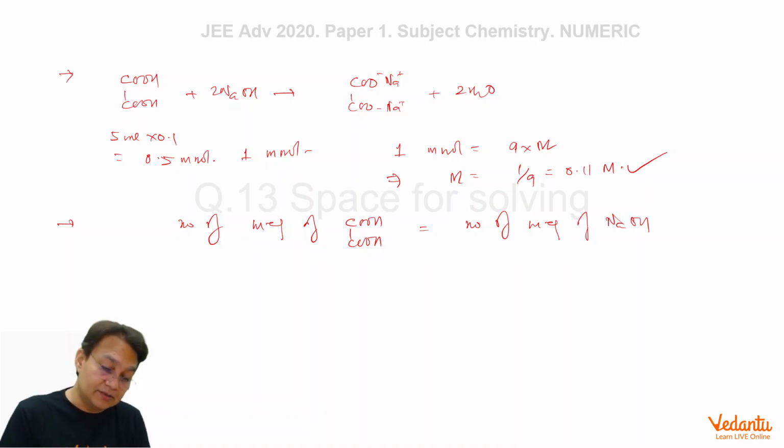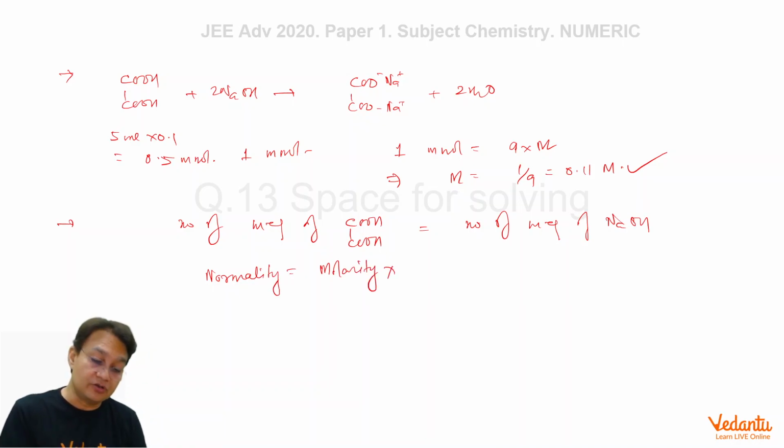The normality of the oxalic acid solution, as you know the formula, is normality equals molarity into n factor of (COOH)2, which equals 2. So this gives the normality equal to 0.2 N.